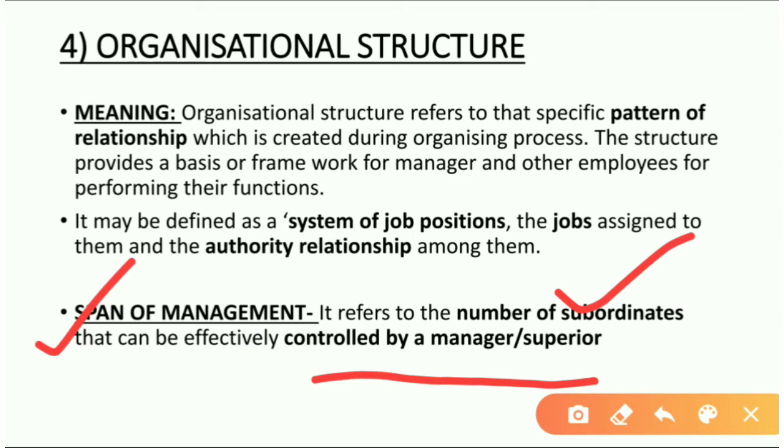How a superior can effectively control the subordinates under him, how many employees a manager can effectively control and guide under him, that is known as span of management.